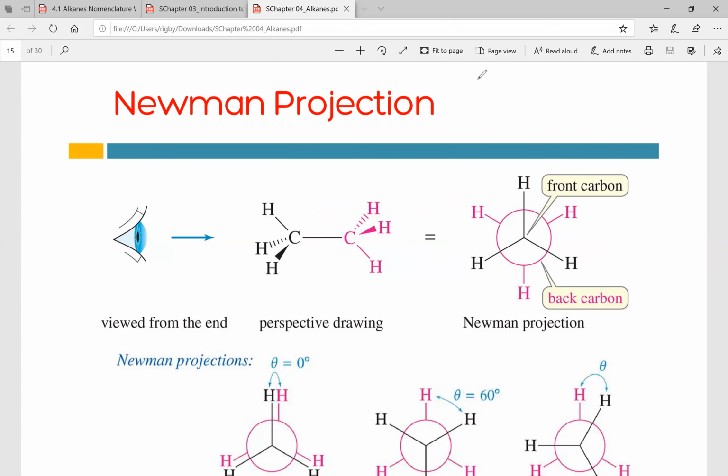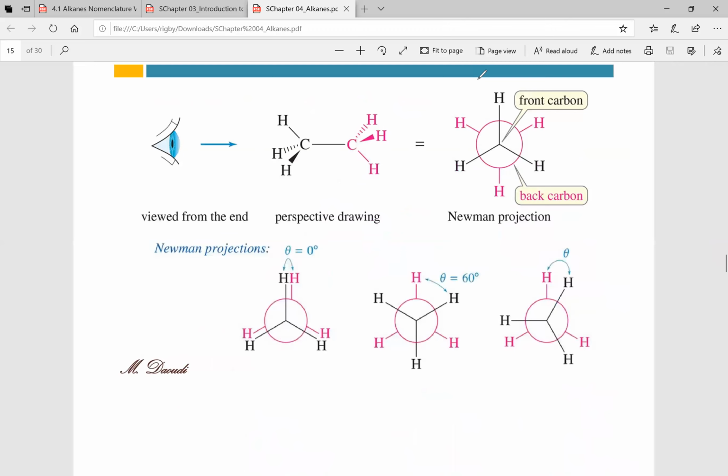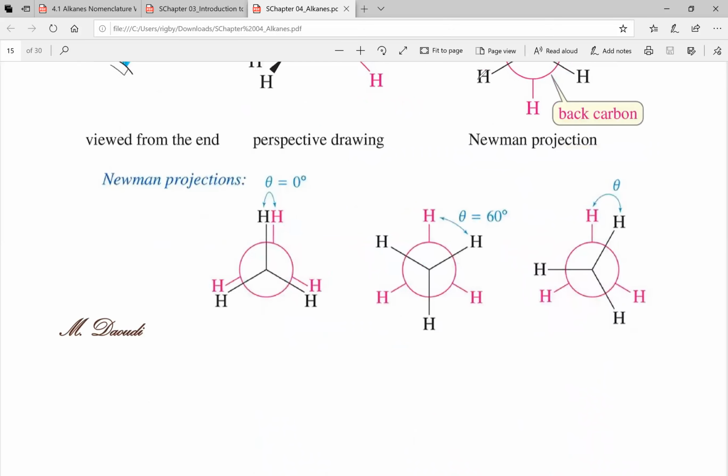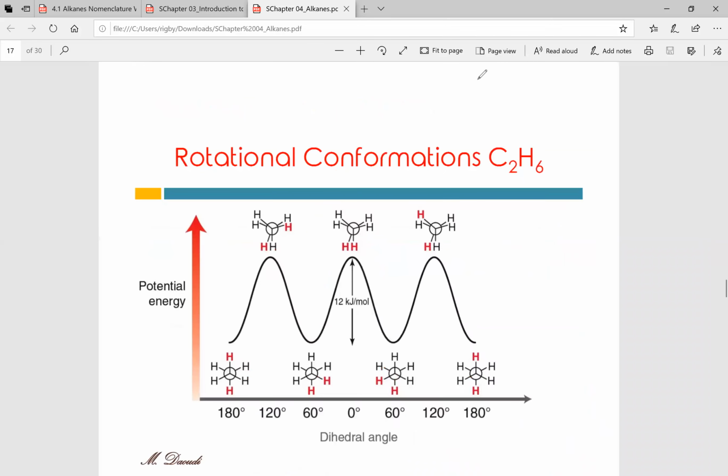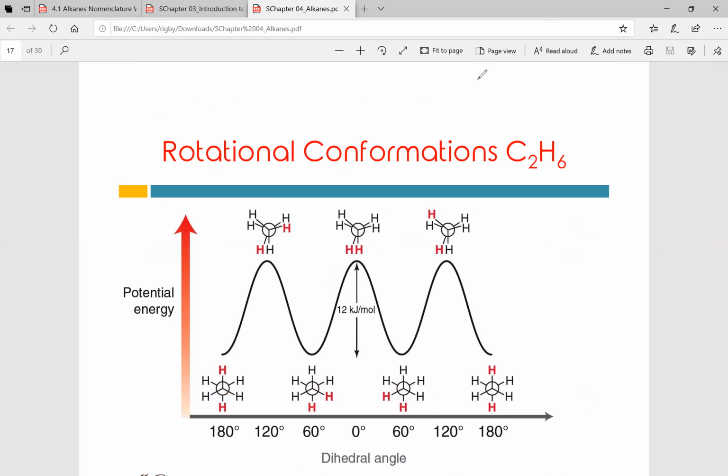Okay, and so there are different ways to write Newman projections, because recall that with a carbon-carbon single bond, we can rotate it in different ways. And there's a handy graph right here that is telling us how the energies differ in different conformations.